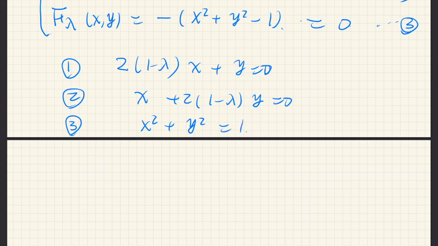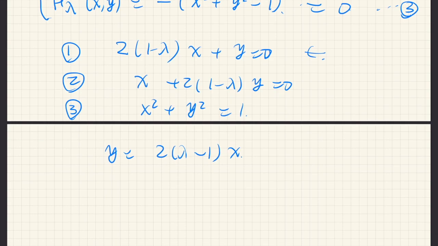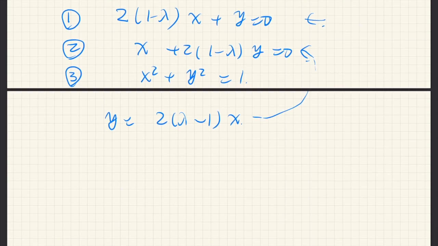So from the first equation, let's put y equal to 2(lambda minus 1)x. Substitute this into the second equation. We have x plus 2 times this, 2(lambda minus 1)x, equal to 0.